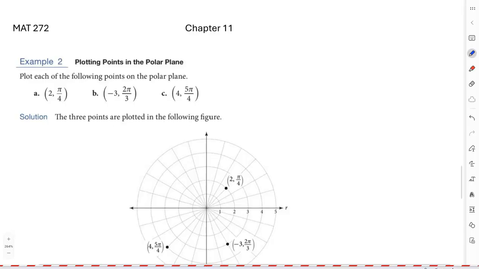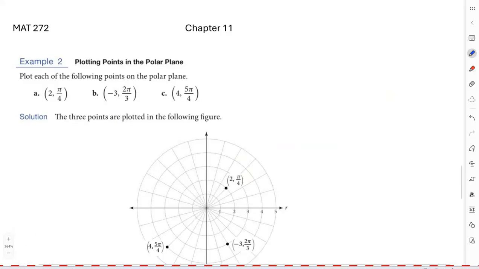So now let's talk about plotting points on the polar plane. How would we go about doing that? So we always start with the theta value.